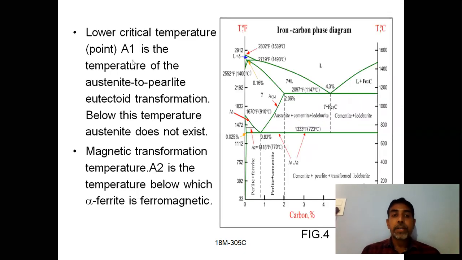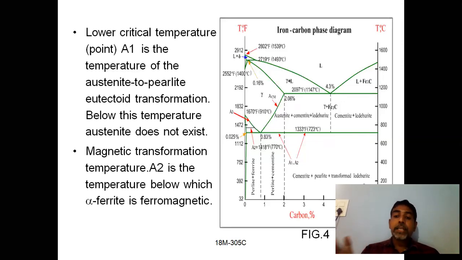Okay. And going to A1 and A2. A1 is the temperature at which austenite to pearlite transformation takes place, at the eutectoid composition, that is 0.8% carbon. And what about A2? Below this temperature line, your alpha iron exists in magnetic nature, that is ferromagnetic nature.